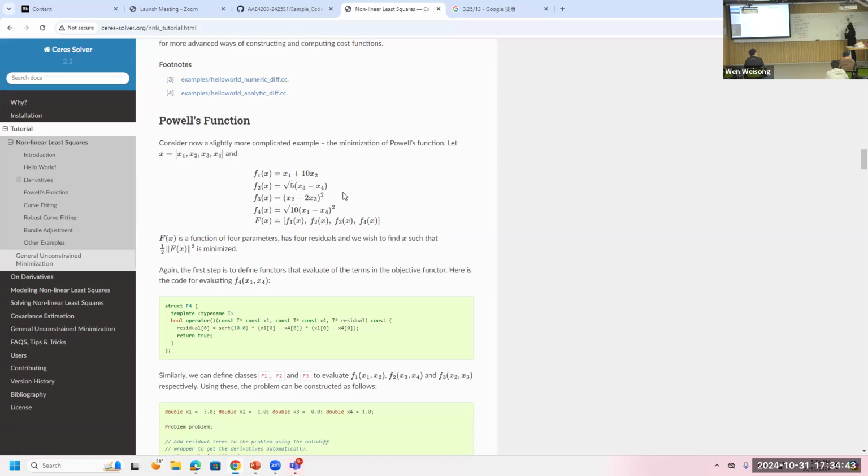The distance from this point to the surrounding obstacles should satisfy some constraints. So the first constraint is the f1 function, which should be the distance from 0, 1 minus x1. This is the first waypoint, the distance.